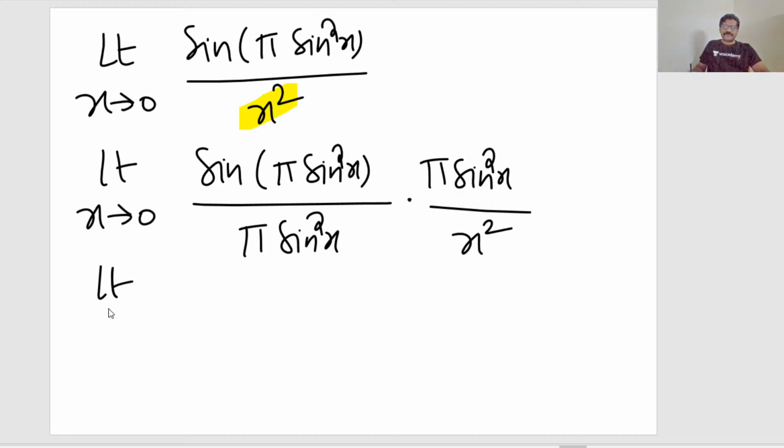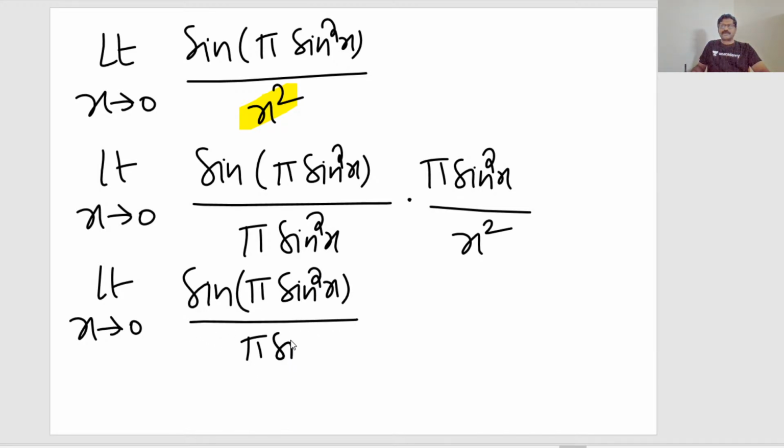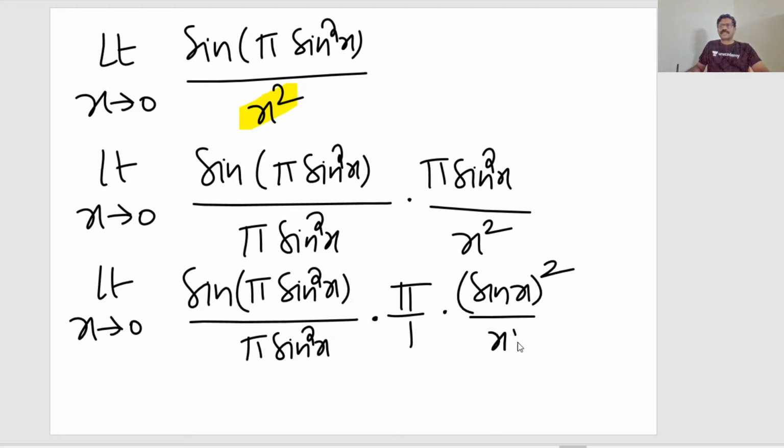This is in the form of limit x tends to 0, sin(pi sin²x) by pi sin²x, times pi by 1, times (sin x) whole square by x square, which is in the form sin x by x.